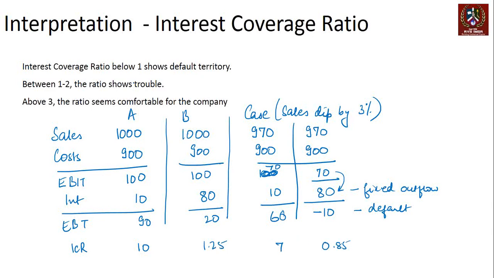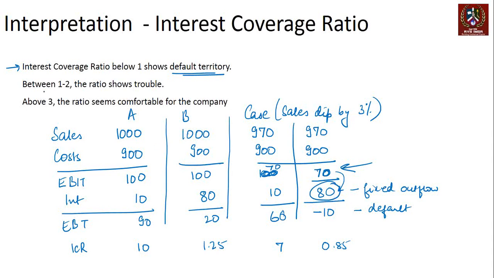Any number below 1 shows default territory, which basically means the company does not have enough profits to meet the interest outgo. Here the company only has 70 crore of profits, but the interest outgo is 80 crore. So that's default territory. That's a problem.